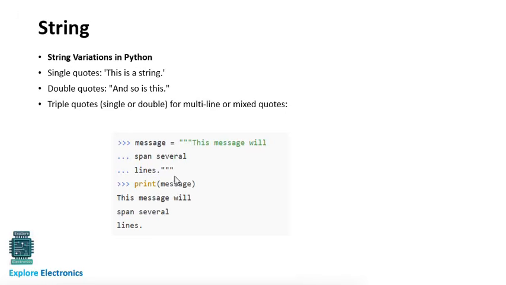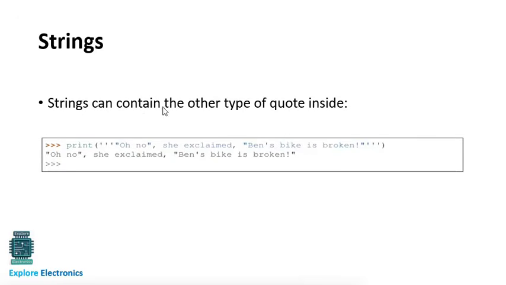Whatever is inside, it will not print as it is. Why? Because you can't see any double quotes here, that's why it will go to message. Got it? If inside the brackets you see double quotes, then it will print as it is. If not, it will go to message and print it. This message will span several lines. Very clear? Also, strings can contain the other type of quotes inside.